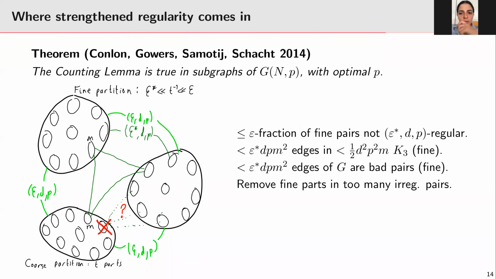The published version says this counting lemma is true with p optimal if the graph you want to count is something called strictly two-balanced. Now, actually, for what I'm talking about, we also need this to be true, not just for strictly two-balanced graphs, but also for graphs which are not necessarily two-balanced. There you won't get the optimal p, but we don't need it.